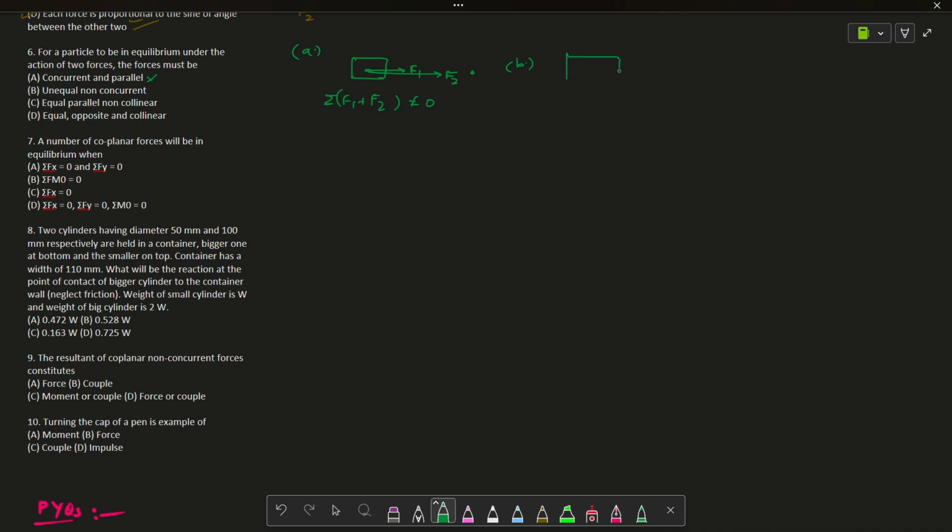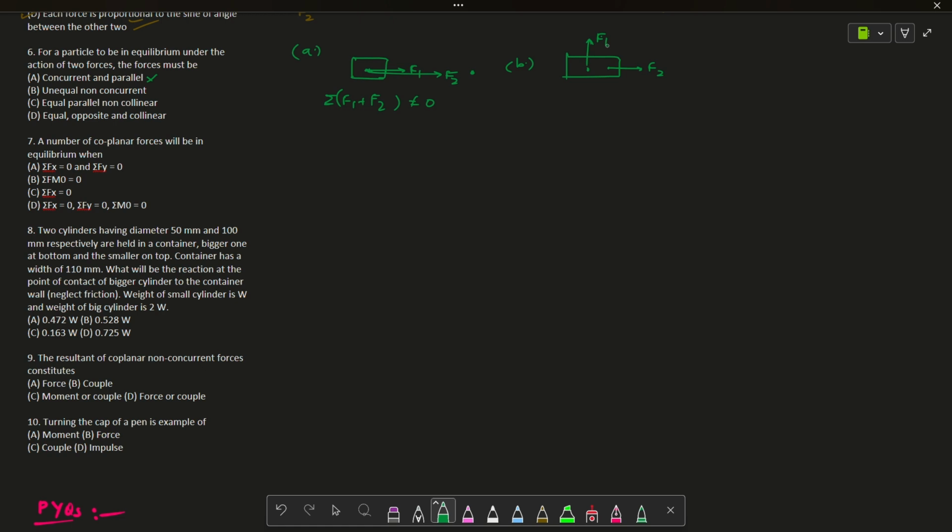Next, unequal, non-parallel, non-concurrent. That means they are not acting at any one point. Suppose F1 is acting here and F2 is acting here. These forces are not equal and not concurrent as well.